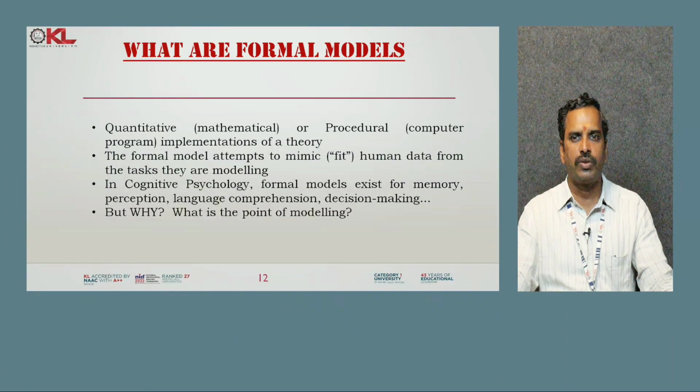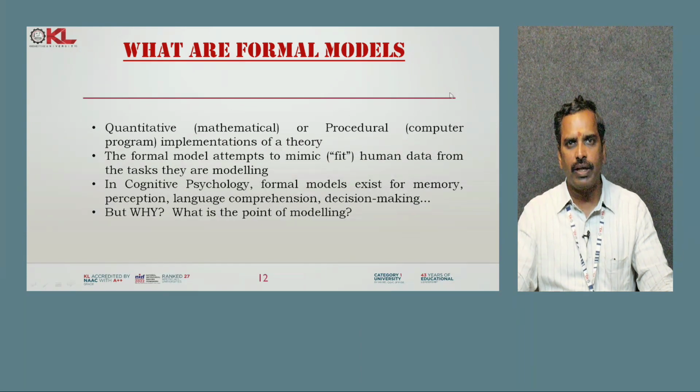Quantitative are procedural implementations of a theory. The formal model attempts to mimic human data from the tasks they are modeling. In cognitive psychology, formal models exist for memory, perception, language comprehension, decision making, etc.